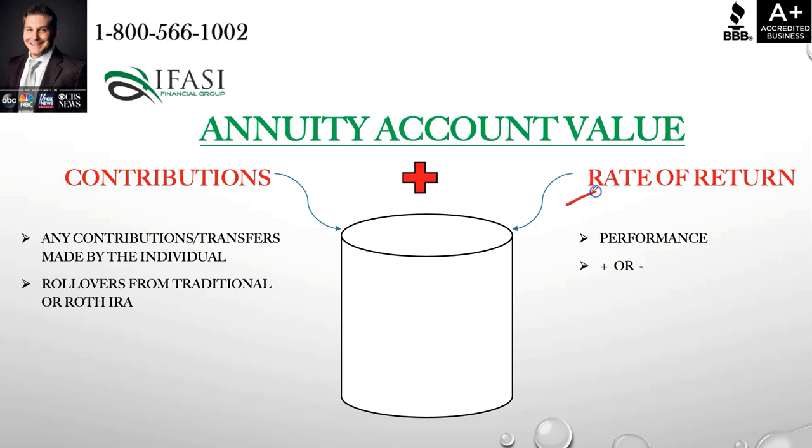The other piece of this puzzle goes by rate of return. So if you're in an investment account, or an account where you're throwing money underneath your mattress, depending upon what that rate of return is, it's either going to come back positive or it's going to come back negative. When you have a fixed annuity or fixed indexed annuity, there are no negatives, no downward market losses associated with those types of accounts.